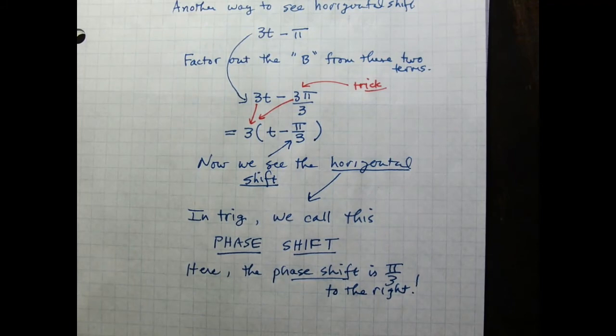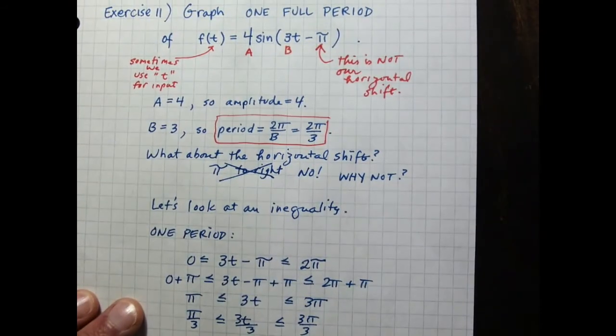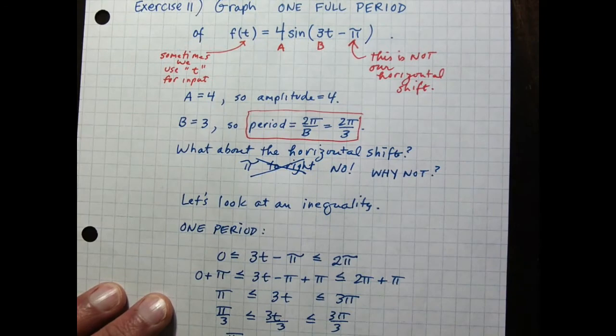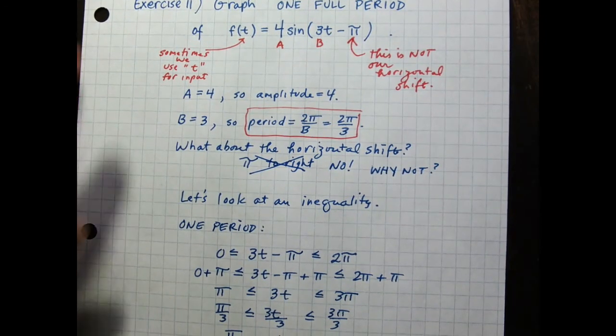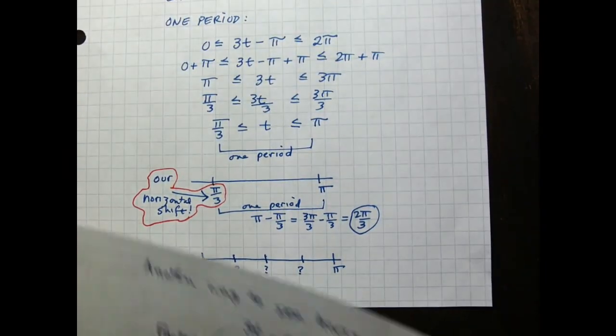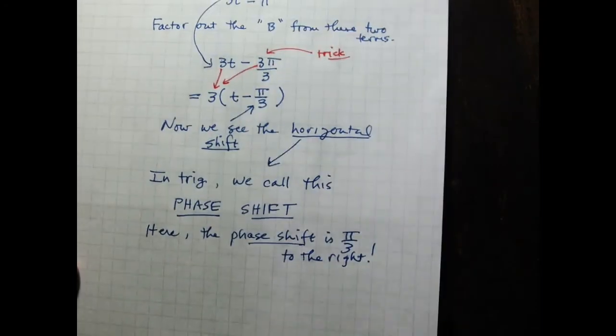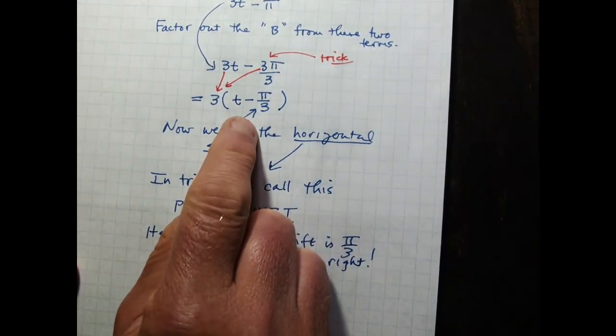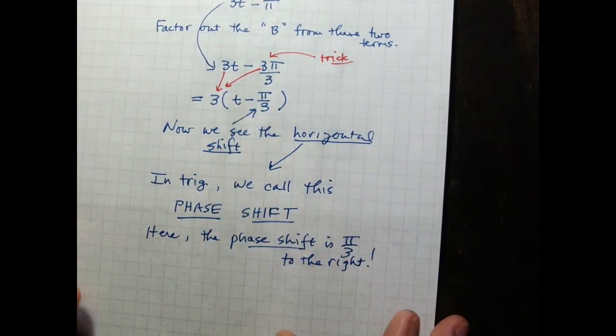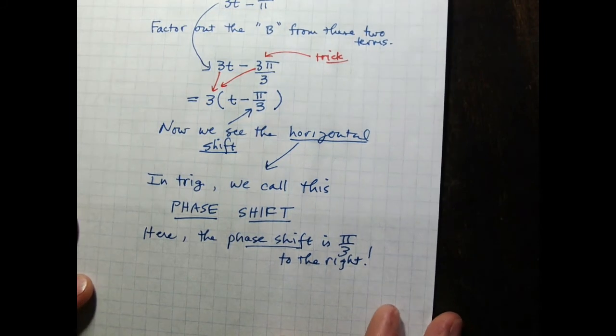Now, I want to break this up into pieces because this video is already kind of long. We're still going to work with this function. We found the amplitude and the period. We had an inequality way of analyzing it, if you like that approach. You can also factor out the b from the expression 3t minus pi.